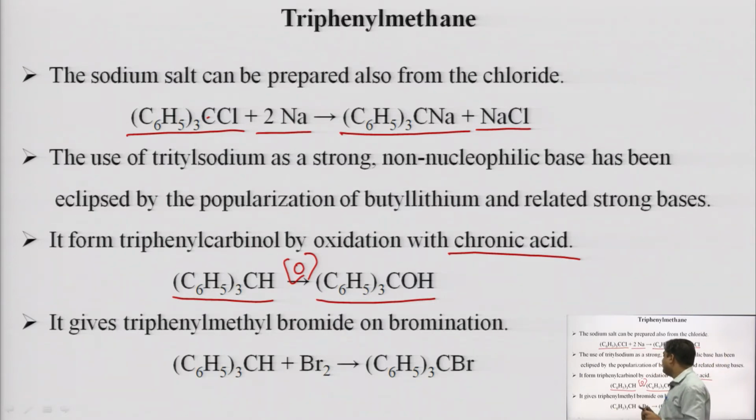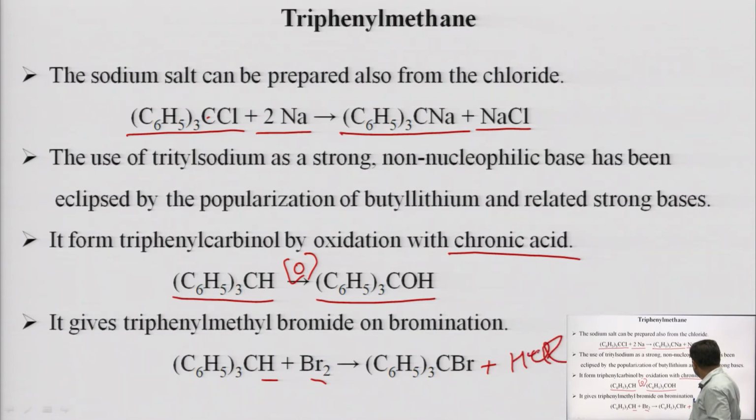Again, triphenyl methane when reacted with bromine, it gives a mono bromo substitution product. As you can see there, HBr will also be obtained as a side product.